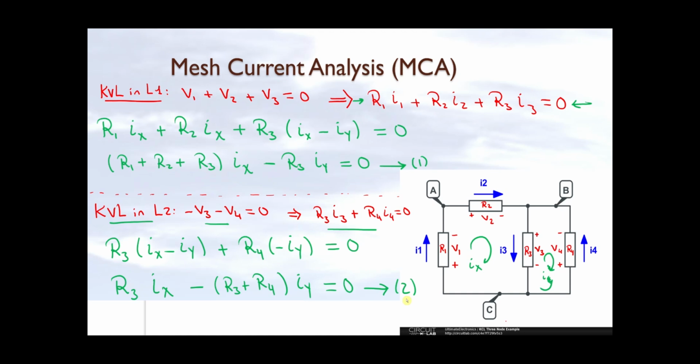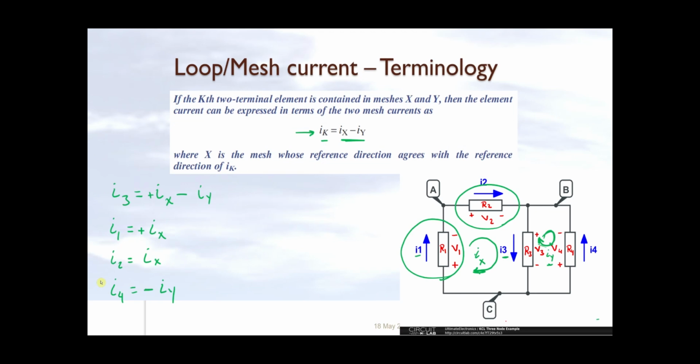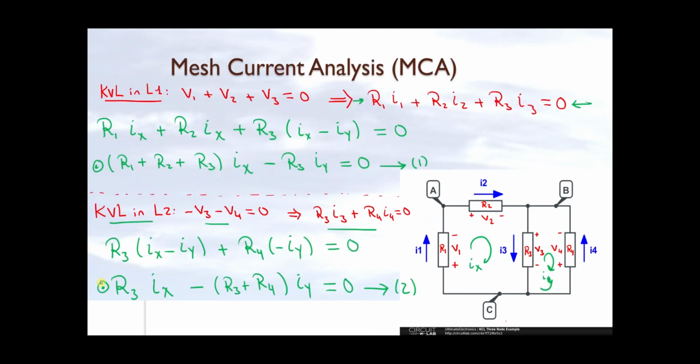So once I solve for Ix and Iy using a simultaneous solution of these 2 equations, I can solve for the corresponding I1, I2, I3, I4. And once I have I1 through I4, I can solve for V1 through V4. So basically I have the voltage and the current everywhere once I have a solution for Ix and Iy.